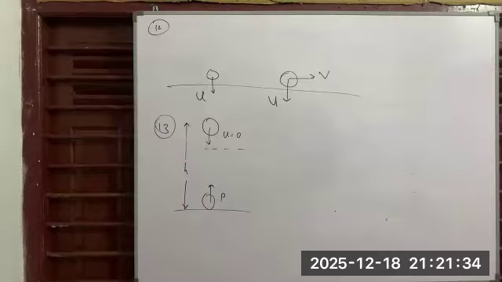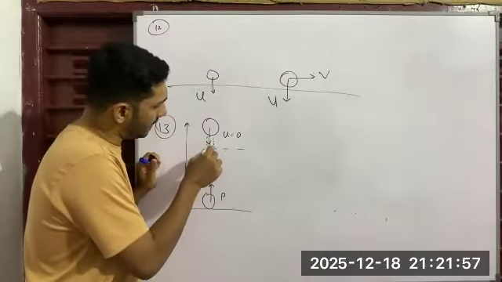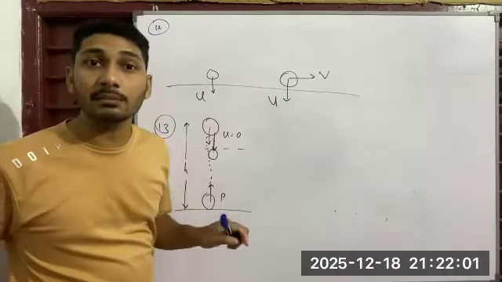Particle P will go up and come down. Yes, it will reach the highest position, 0 velocity, and then it will start to move in the opposite direction. Then only it meets. So when they meet, they are moving in the same direction. Is that correct? Yes. So when they meet, actually P has gone and come down, and then Q is coming and meeting.